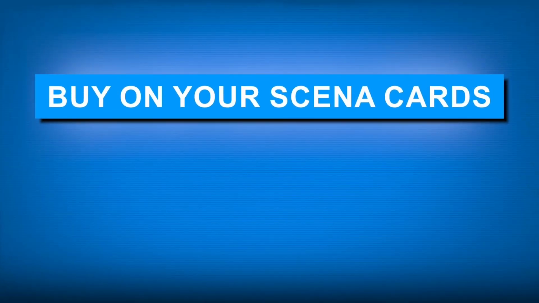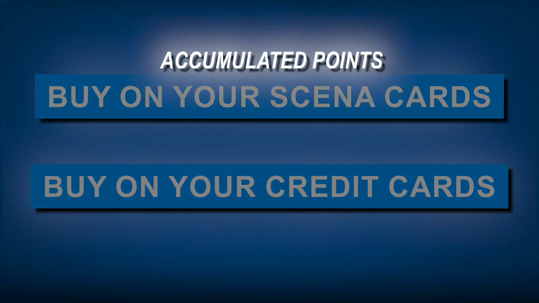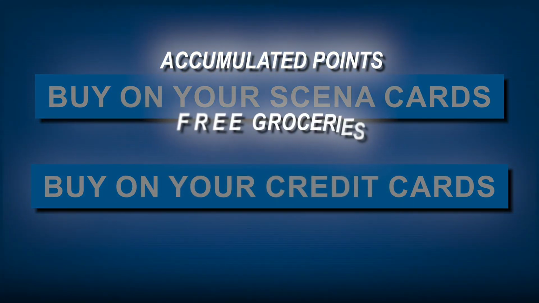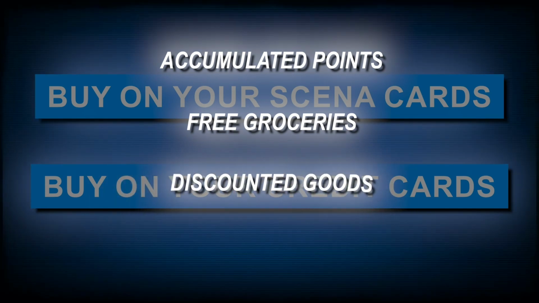So next tip, I'm going to be providing you smart spending tips. How to spend smart means, like, if you're going to buy some groceries, buy on your SIM cards or some credit cards where you accumulate points, and those accumulated points can get you free groceries, right? And then you can also buy some discounted goods at certain retail stores, where on your birthdays you get extra discounts.